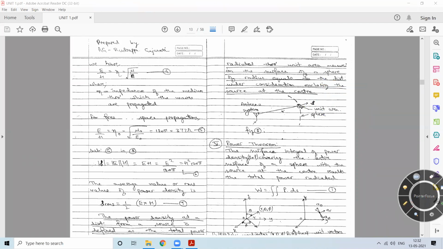By definition, it is the surface integral of the power density. In taking that surface integral, you are considering the entire sphere's surface.